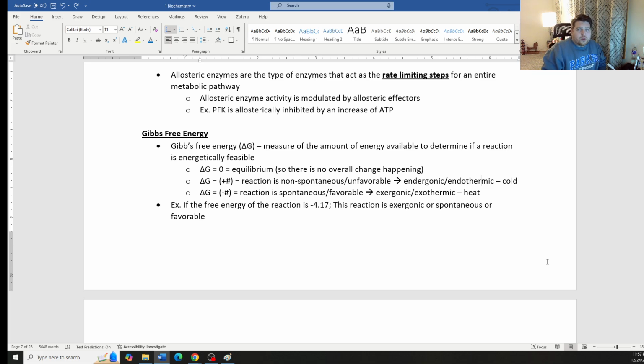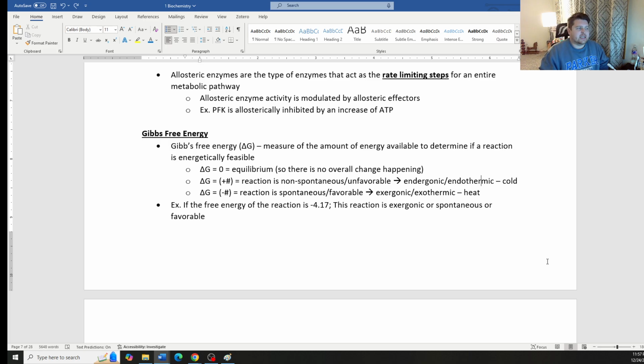Think about those cold ice packs that you snap or pop and they get really, really cold. What's actually happening is a chemical reaction is occurring and it's absorbing and pulling in energy around it to cause that chemical reaction. And that's why it feels cold, because it's absorbing energy.